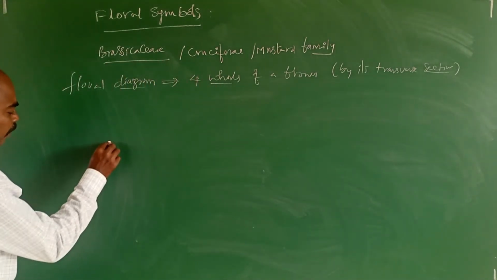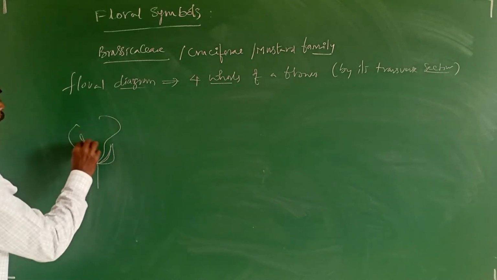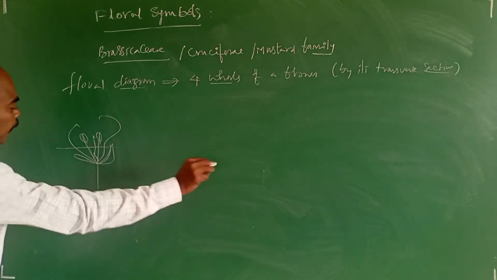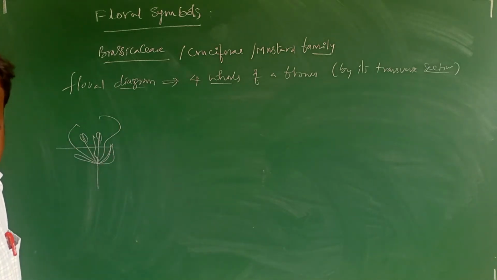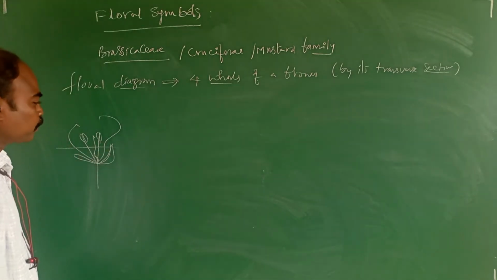For example, this is the flower: calyx, corolla, androecium and gynoecium, which indicates the transverse section of a flower.